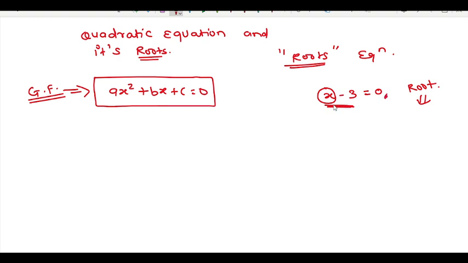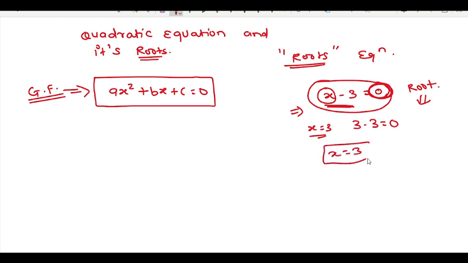So we have to find the value of x which satisfies this equation. Here, if we put x is equal to 3, 3 minus 3 is equal to 0. We are getting the RHS. So x is equal to 3 is the root of the above equation.